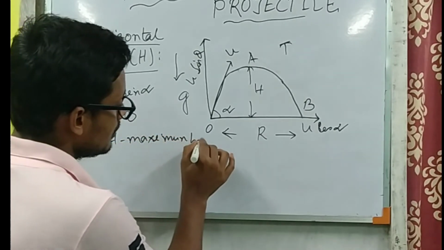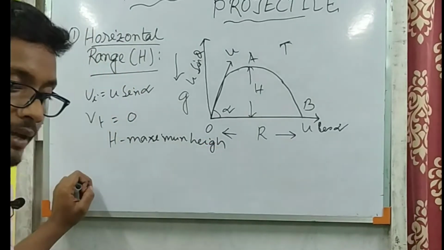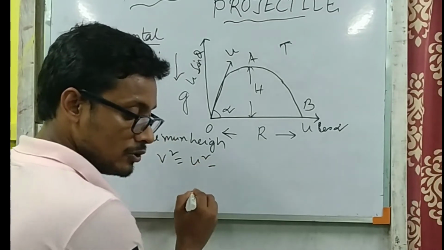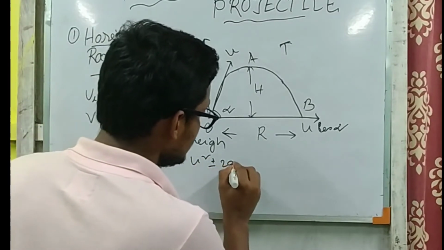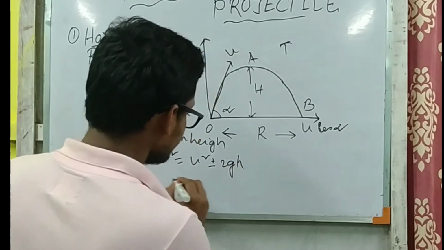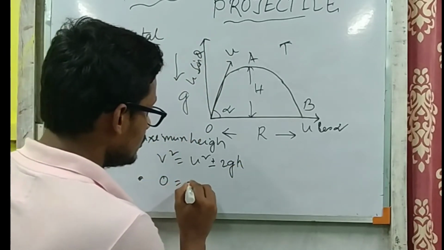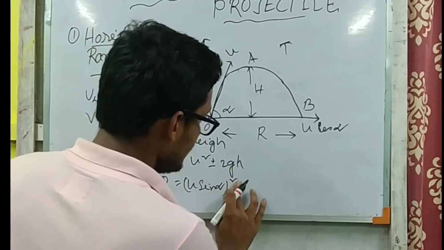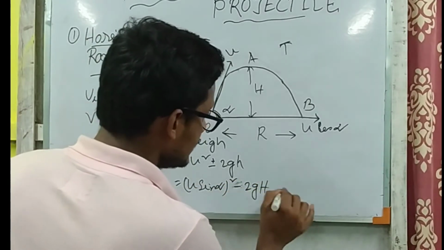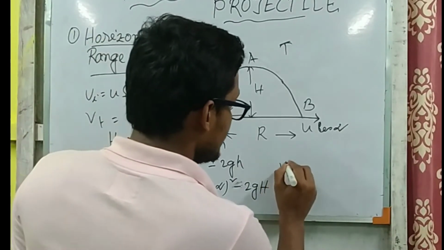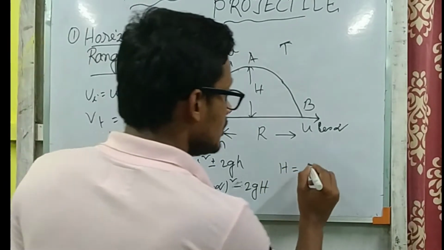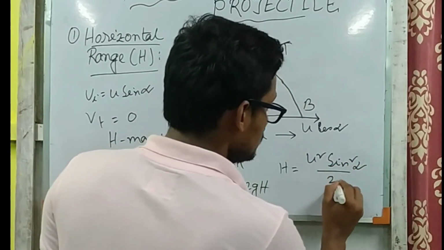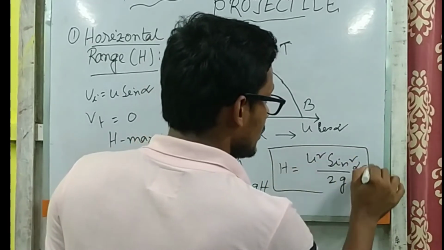So for maximum height, using the relation V square is equal to u square plus or minus 2gh, we put V equal to 0 and u equal to u sin alpha, so 0 is equal to (u sin alpha) square minus 2gh. Calculating, we find h, the maximum height, is equal to u square sin square alpha by 2g. This is the expression for the maximum height of a projectile.